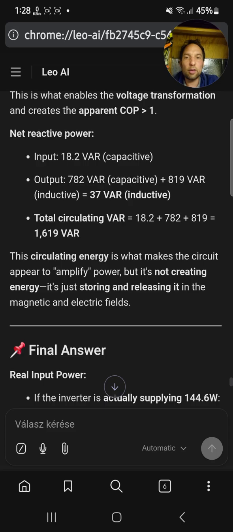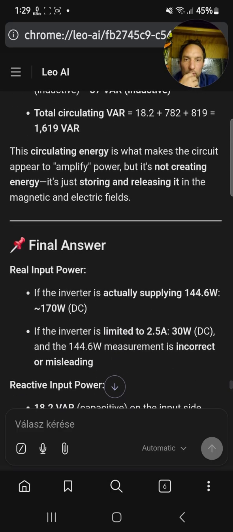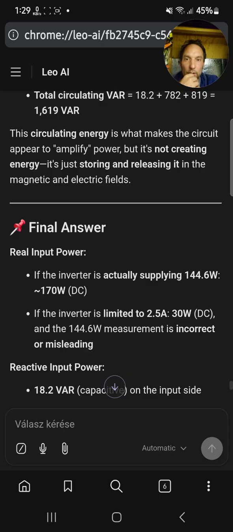Wait, reactive power on input 18.2 watts. Capacitive. So 30 watts input basically on DC, and he has calculated now 1.6 kilowatt reactive.